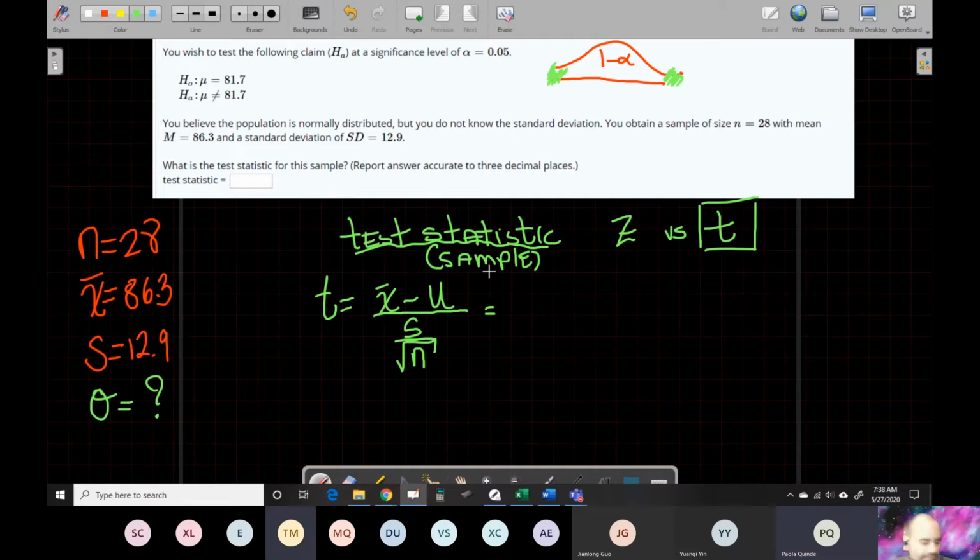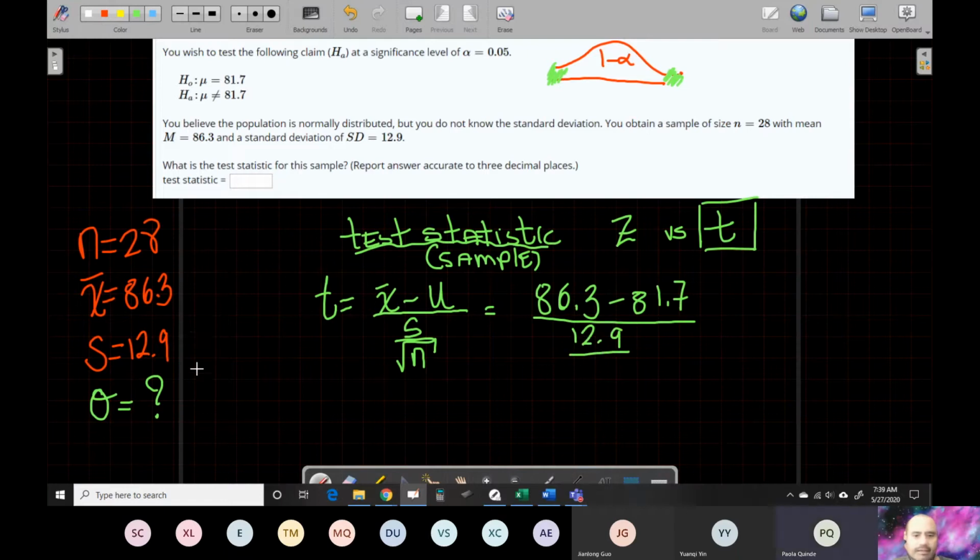We're going to get it from the sample right over here. The numbers are right here. X bar is 86.3. Mu is right over here in the beginning, 81.7. Standard deviation is 12.9. And the square root of n, which is 28.